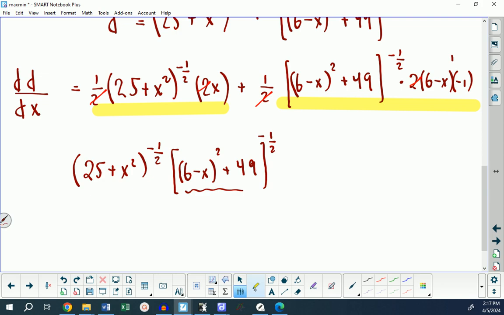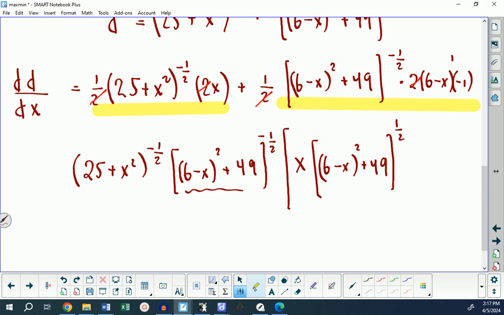What I have left then is my x out of the first term and (6 minus x) squared plus 49 to the 1/2.